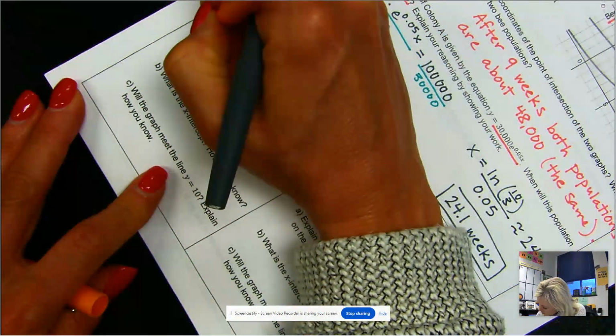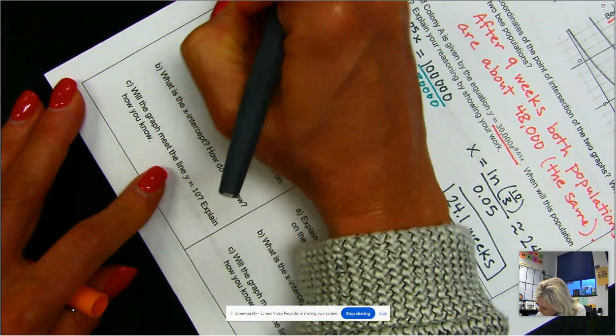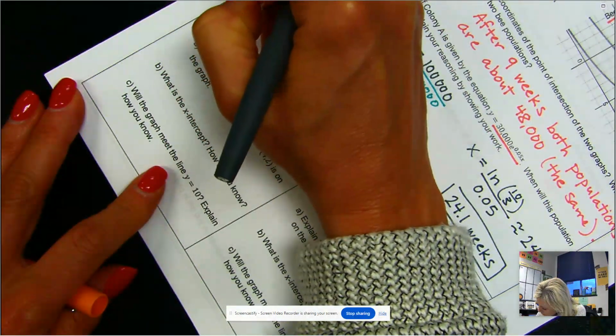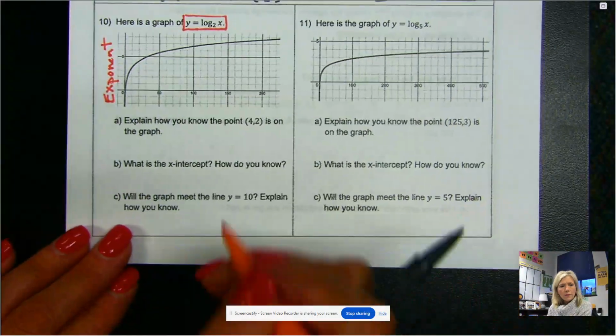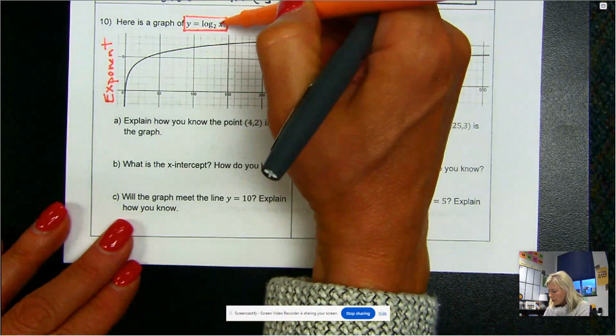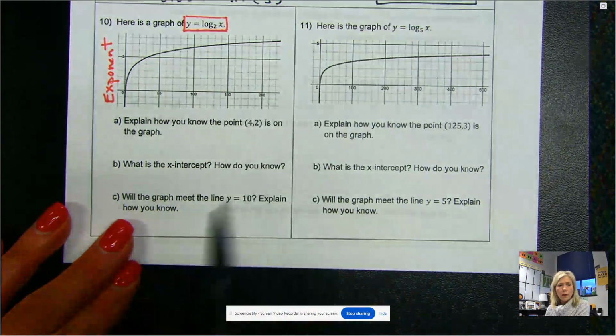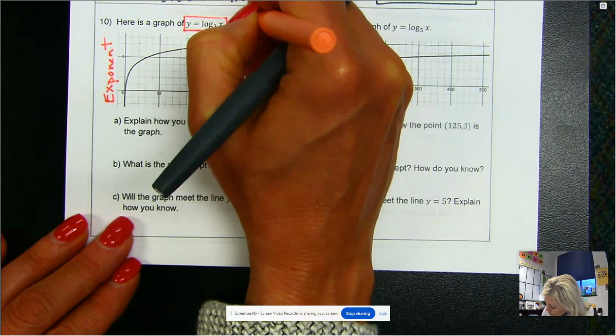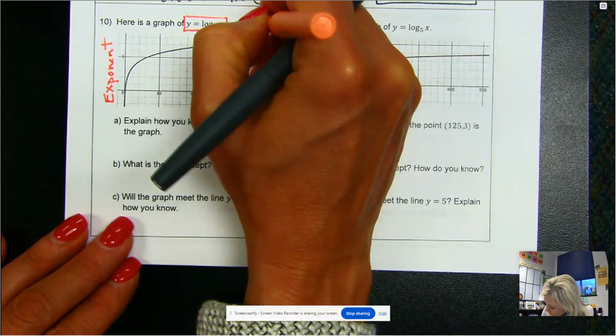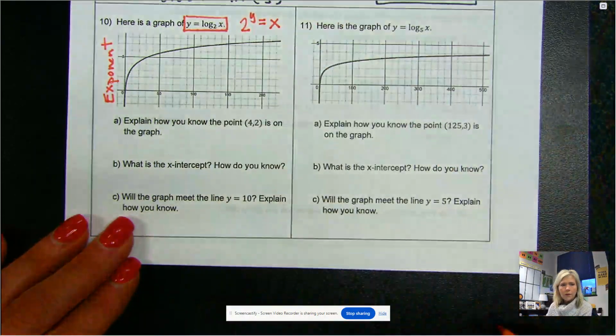So that's kind of a big deal that you understand. This is the exponent. And then the x value here is going to be like the answer. So this would be the same as 2 to the y is equal to x.